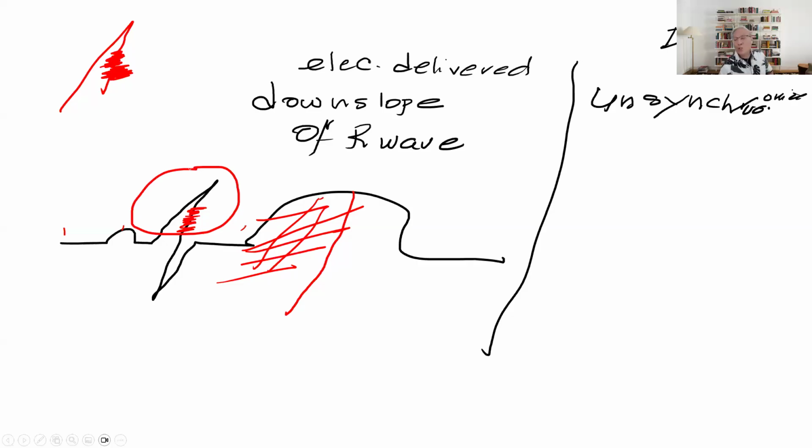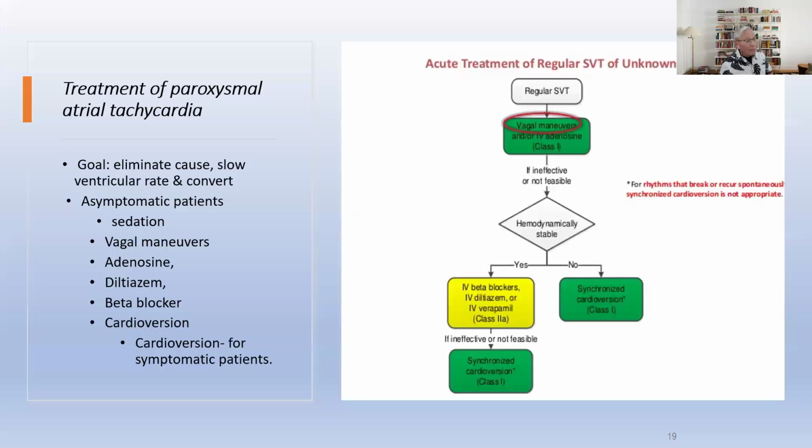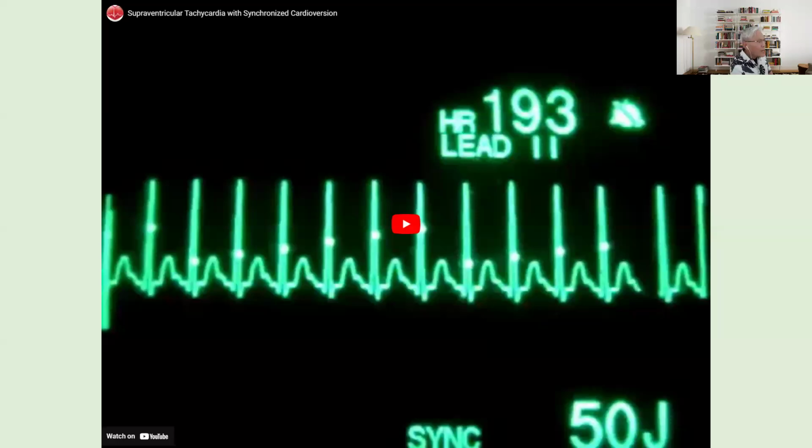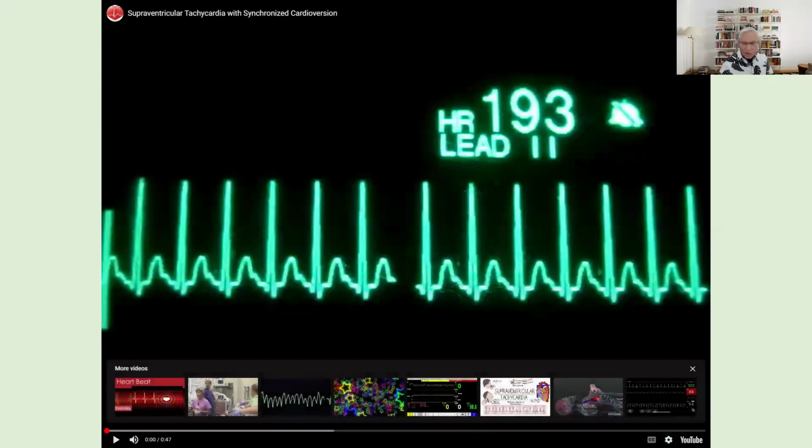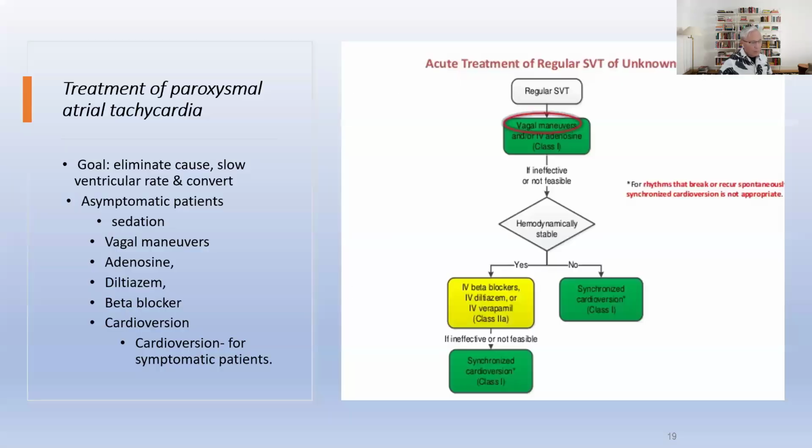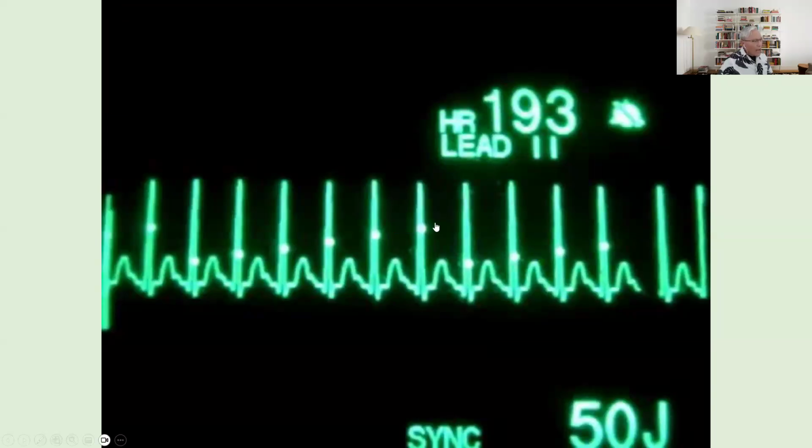Okay, so that's what's called synchronize. And the machine will tell you, this is where I'm synchronizing it. I am delivering the electrical. See where the dots are? It says, okay, this is where I sync it. Do you want it here?